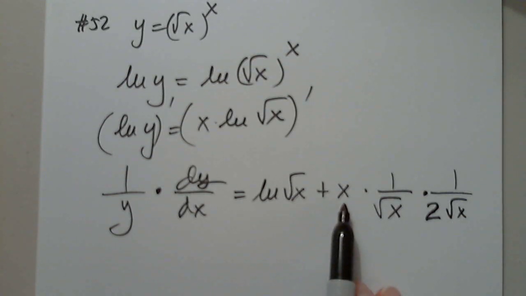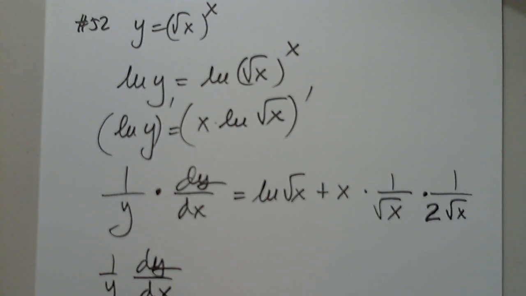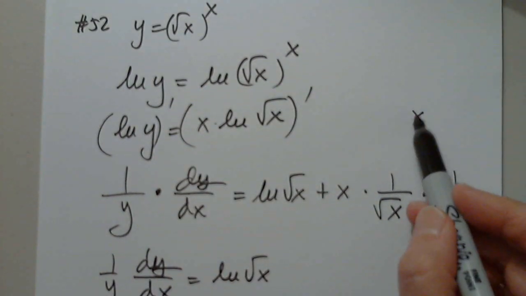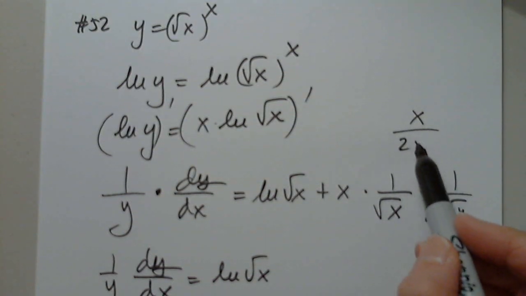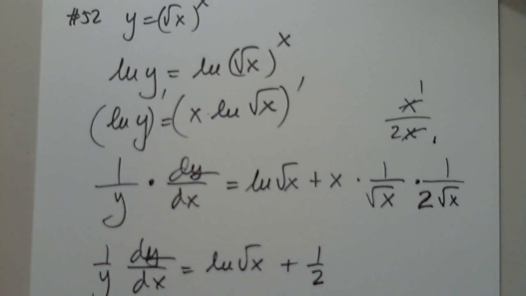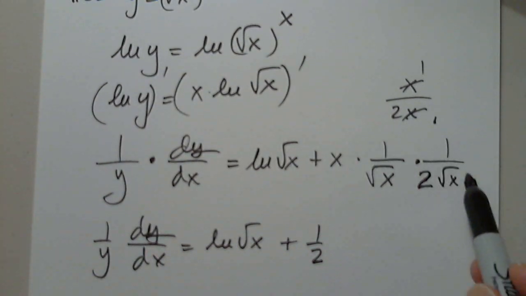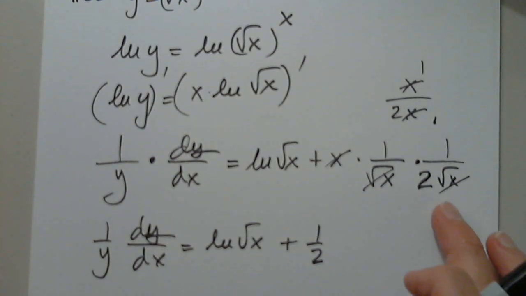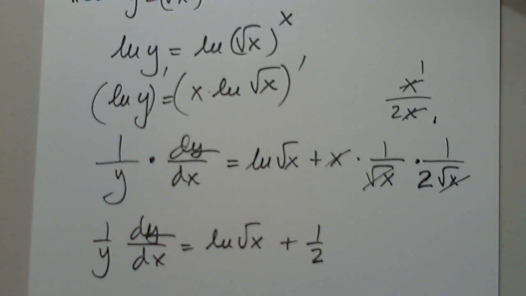And I'll have to simplify here. So let's write one more step. dy over dx equals natural log of the square root of x plus x divided by 2x. So this is plus 1/2. All this is 1/2, because these simplify. The square root of x times the square root of x is x, simplified with the x at the top.